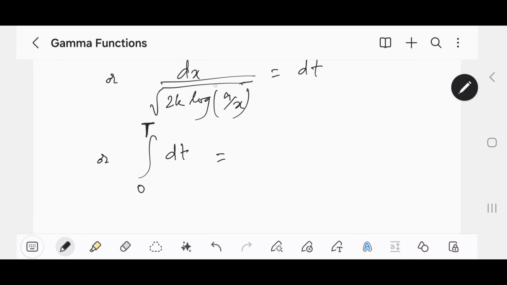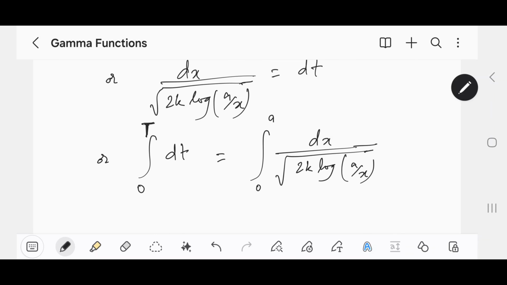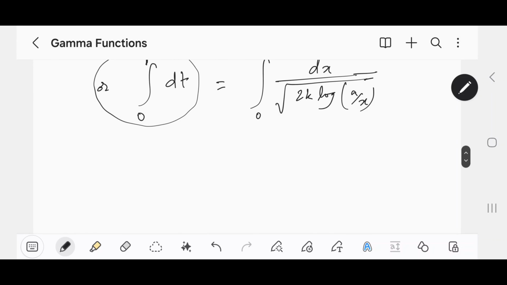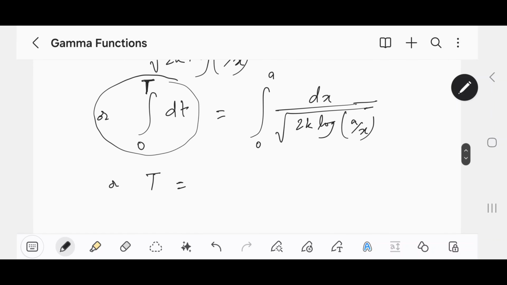Then x has the limit 0 to a, so 0 to a dx by root under 2k log a by x. Suppose the total time is T. So T equals, now we need to evaluate this integral. And as per the question's suggestion, somehow there might be the use of gamma functions.